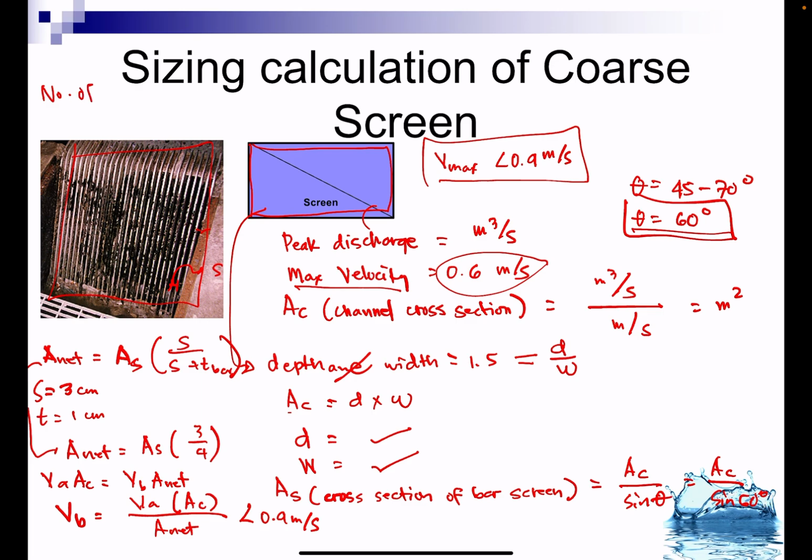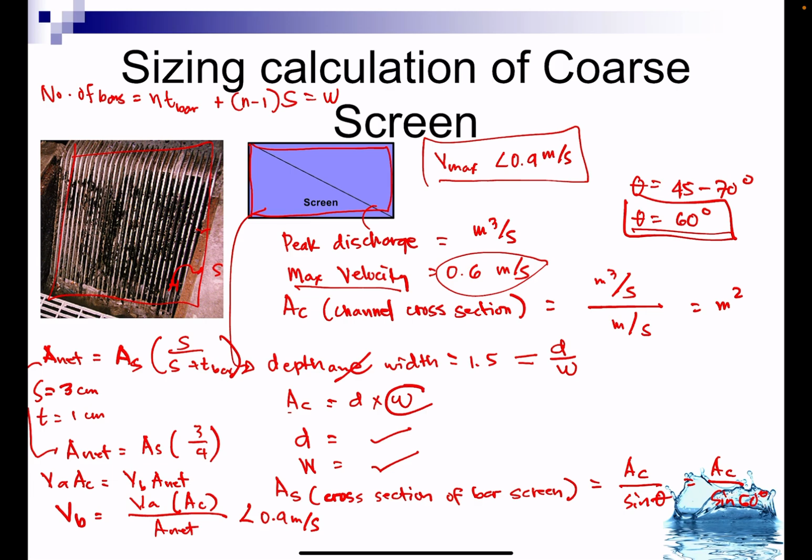So the number of bars N: N times the thickness of the bar plus N minus 1 times the S is equivalent to the width, W. Kanina, ang nakuha natin for the W, yung makukuha mo dito sa DW from your computation.